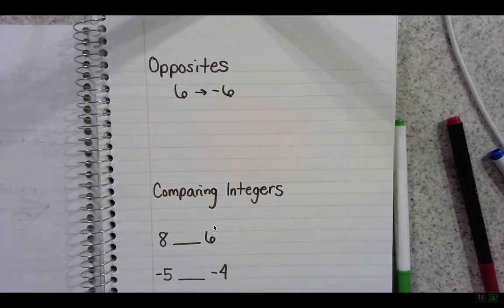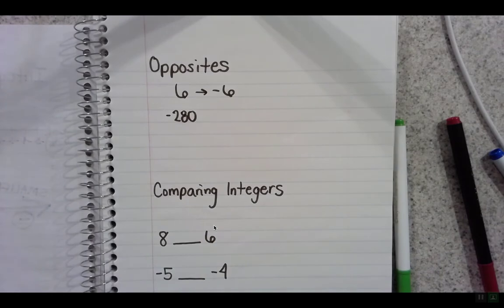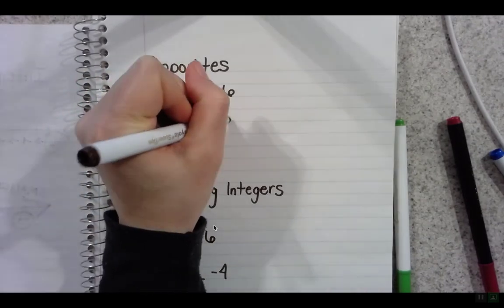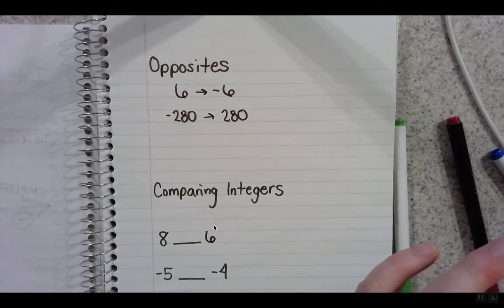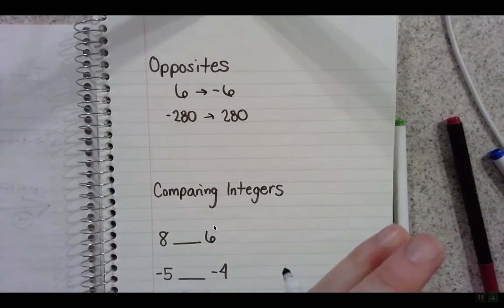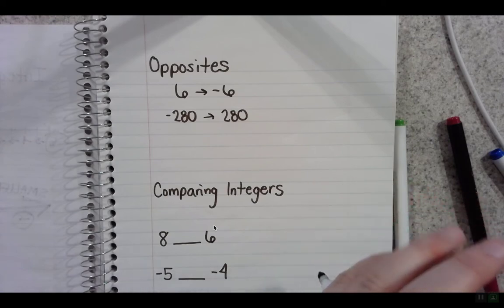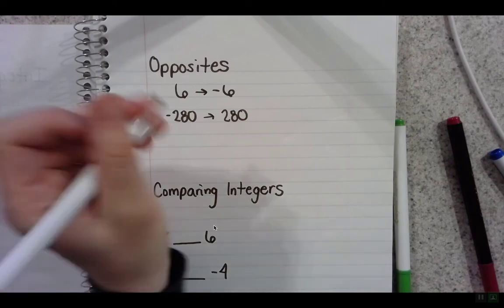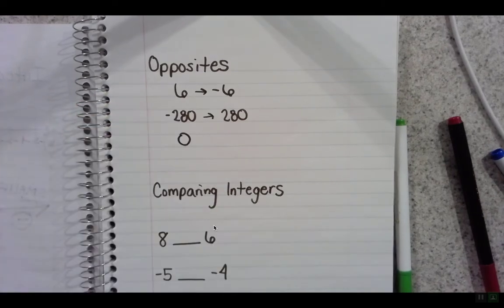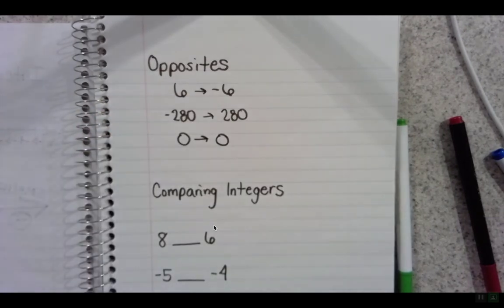What's the opposite of negative 280? Positive 280. Every number has an opposite. Basically, if you're moving 6 spaces to the left of 0 to find the opposite, you move 6 spaces to the right of 0. Trick question, what is the opposite of 0? The opposite of 0 is 0. Okay, every number has an opposite.